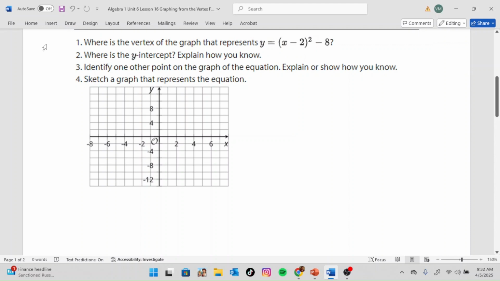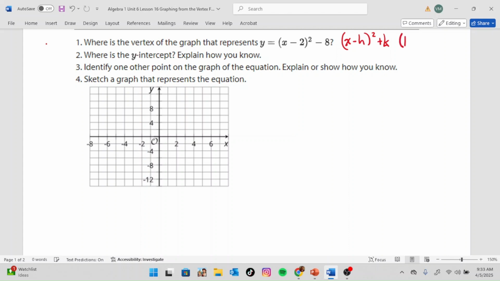Practice problem number 2. Number 1 asks us, where is the vertex of the graph that represents y equals (x minus 2) squared minus 8? So remember, we have (x minus h) squared plus k.